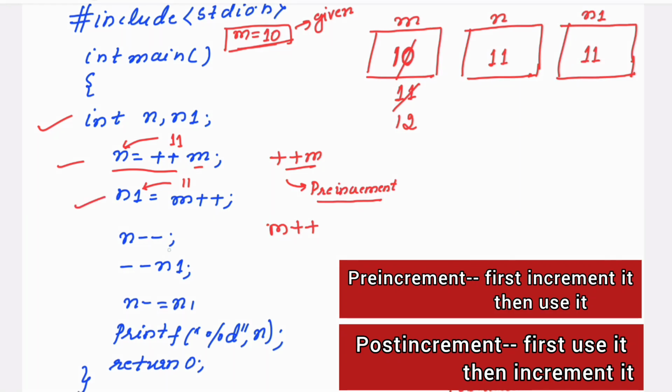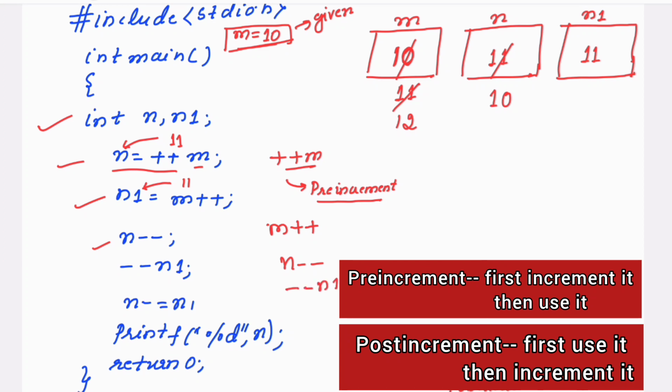The next step is n minus minus. This is post-decrement, decrementing the value of n by 1. What is the present value of n? n is 11. Once you post-decrement, the new value becomes 10 here. But you are not using it anywhere. That means you are not assigning it to any other variable. Just perform the operation and update the value of n. The next statement is minus minus n1.